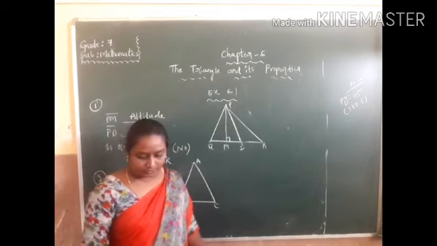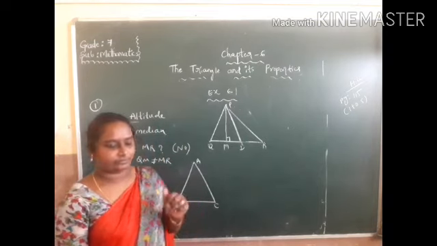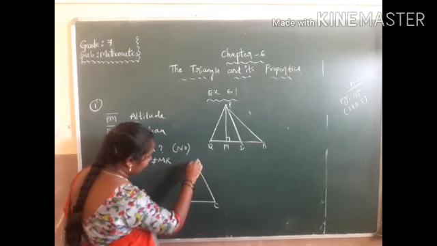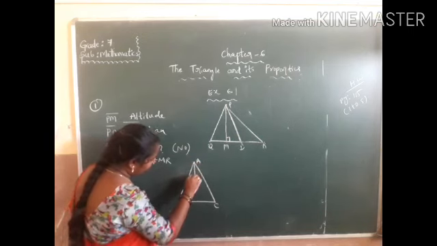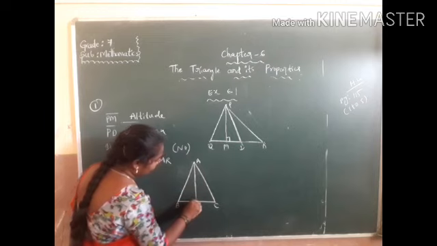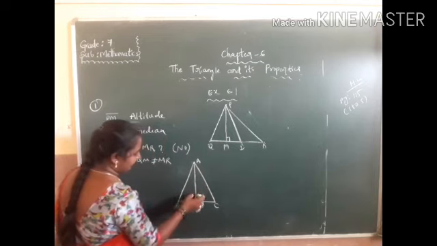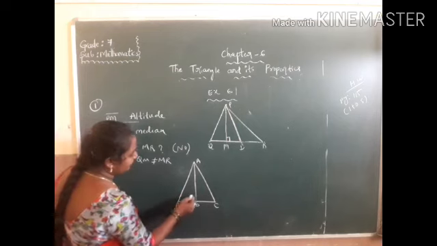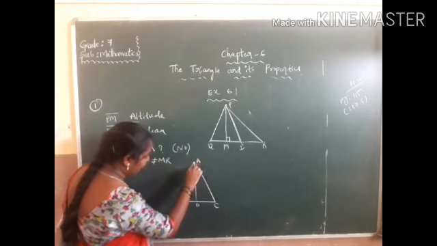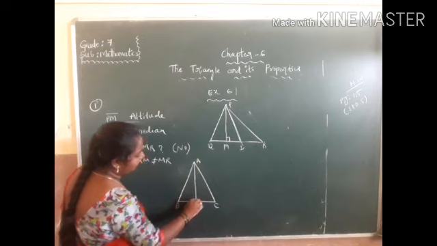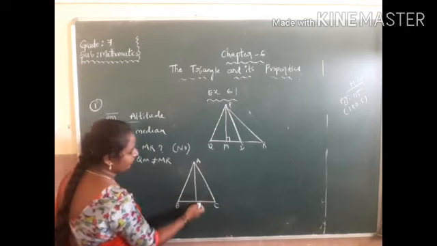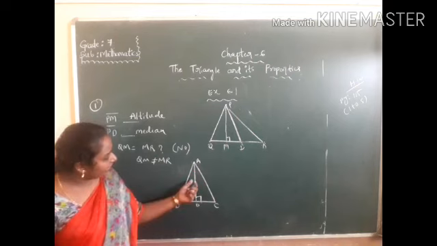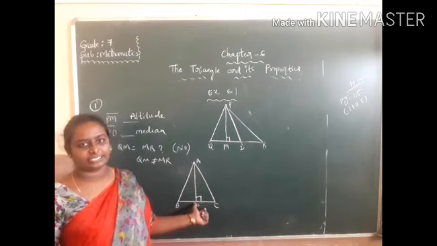You have to show the median. How will you show the median? The line segment joining vertex A to the opposite side BC is the median of the triangle. And what is the altitude? The same, the perpendicular line segment from vertex A to the opposite side. So that means in an isosceles triangle, altitude and median are the same.